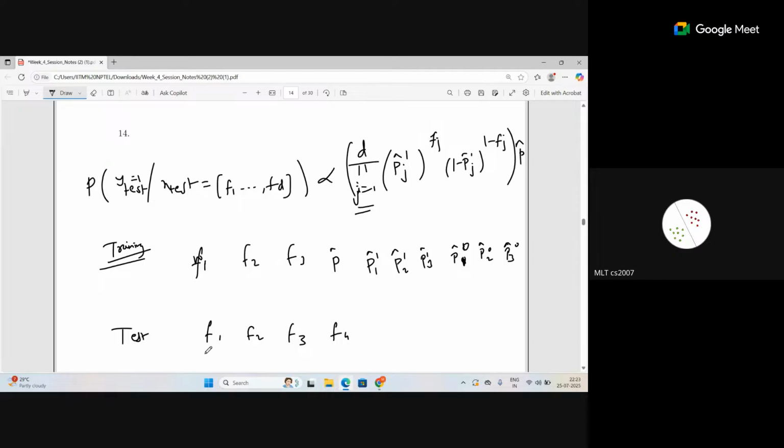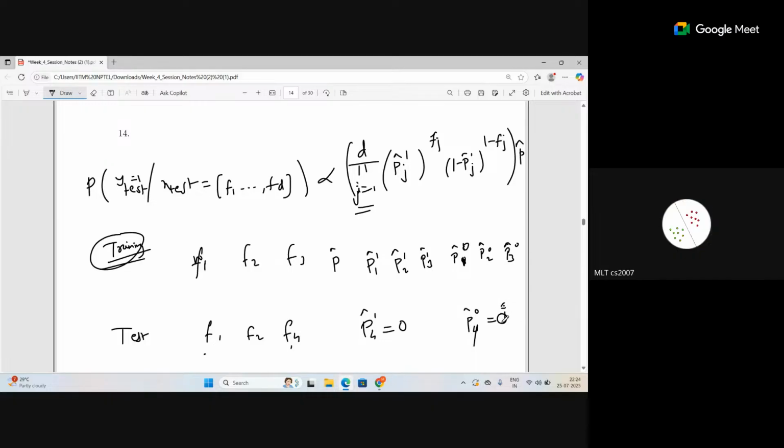But now let's say your test data point contains F4, some other word which you didn't see during training. What will be the estimator for this word now? So P4_1 hat, the estimator will be what?